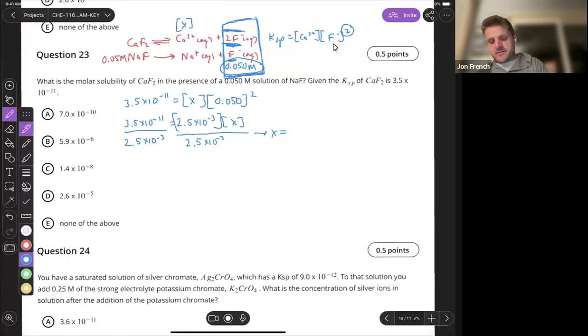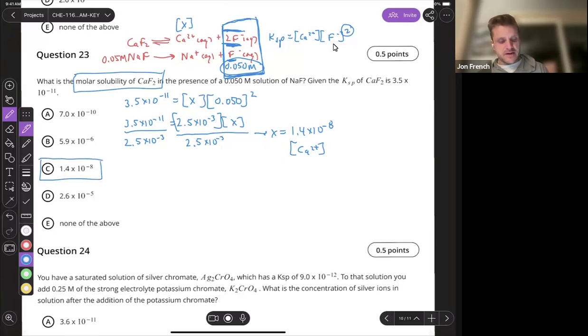All right, 3.5 times 10 to the minus 11 divided by that, I get 1.4 times 10 to the minus 8. That's my concentration of calcium in solution, and therefore that's going to be my molar solubility of calcium fluoride, 1.4 times 10 to the minus 8.